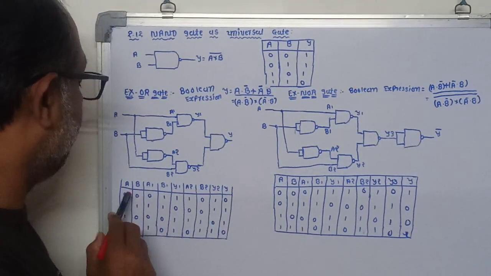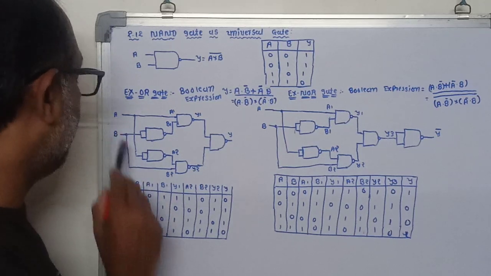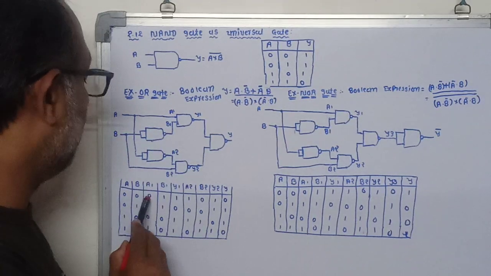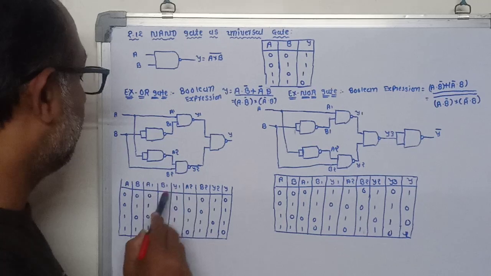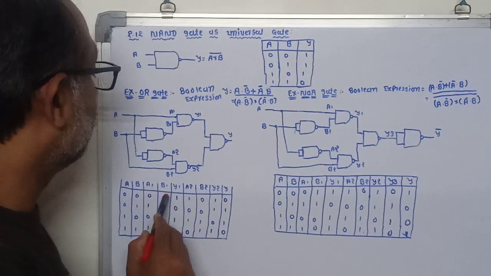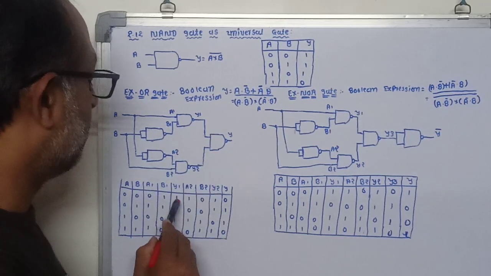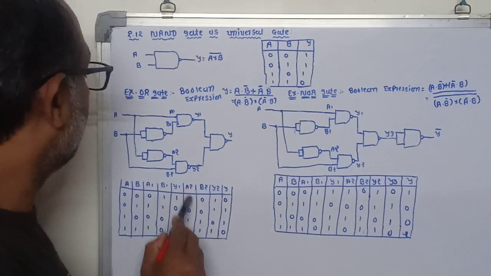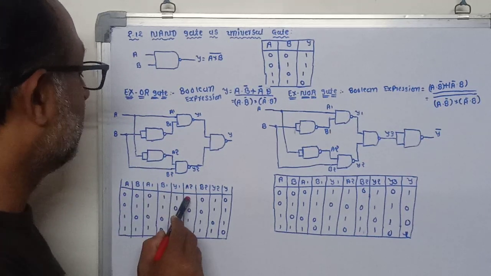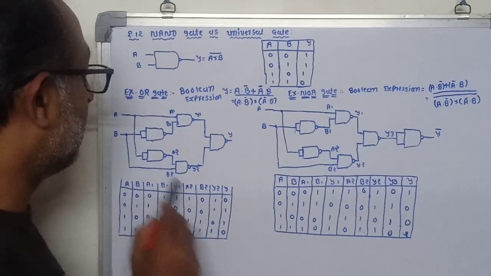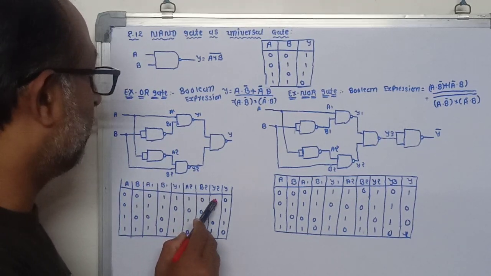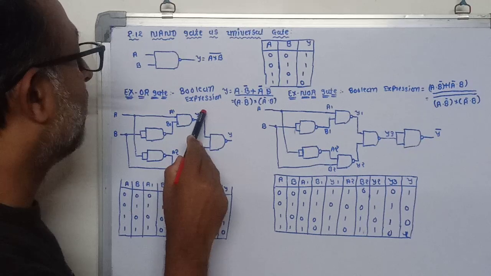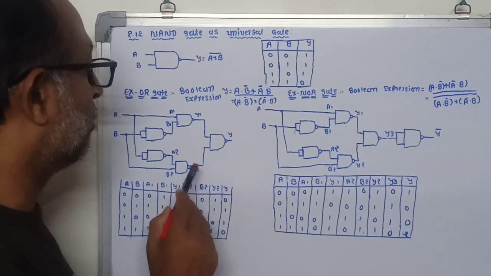Here let me see, when we apply A equal to 0 and B equal to 0. So A1 is 0, B1 becomes 1, so Y1 output is 1. Now similarly A2 is 1 because it is inverted by this NAND gate, B2 is 0, we will get 1. So here we get Y1 equal to 1, Y2 equal to 1.